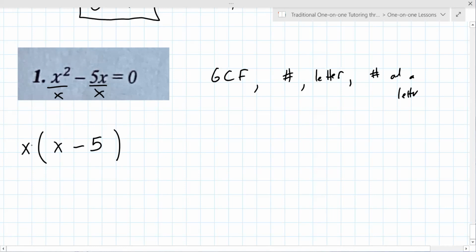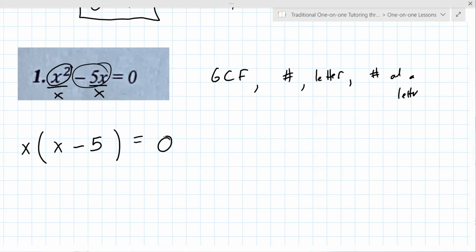Now, if you multiply in, x times x gets you back to x squared, and x times negative 5 gets you back to negative 5x. So if I have a problem like that, I look for an x in both of them, make a parentheses and put the x on the outside. We're going to do more problems like this, but is it okay up to this step? Do you follow it? No questions?